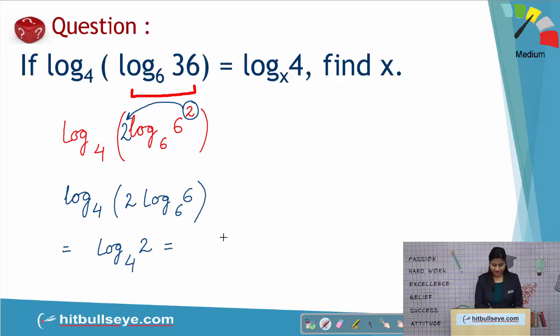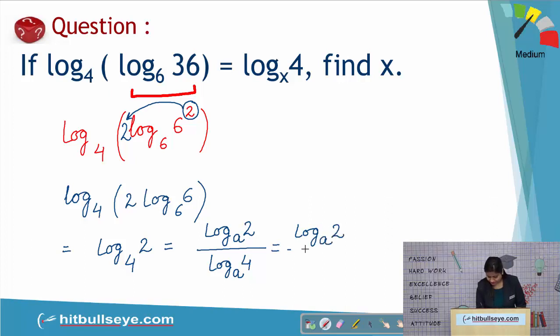Now, how to calculate log 2 with base 4? See, we can change the base here. We can write it as log 2 with base A over log 4 with base A. Now, this can be written as log 2 with base A, and this can be written as log 2 square with base A. Now, by using power formula, it will be 2 log 2 with base A in the denominator.